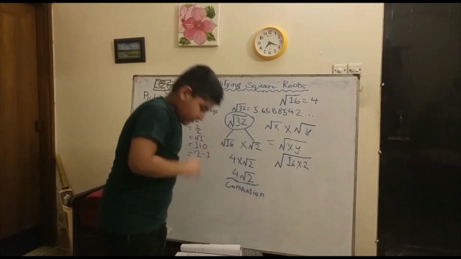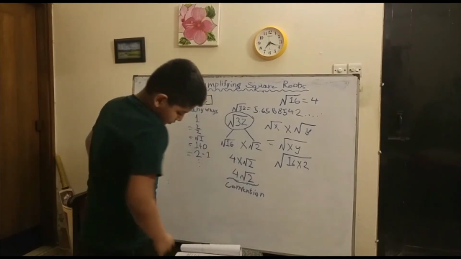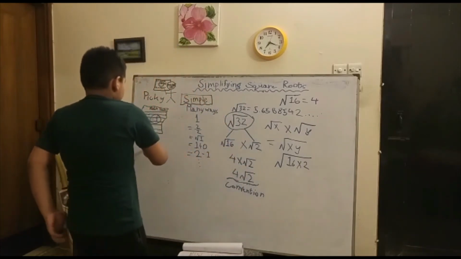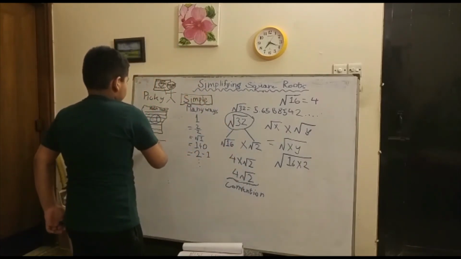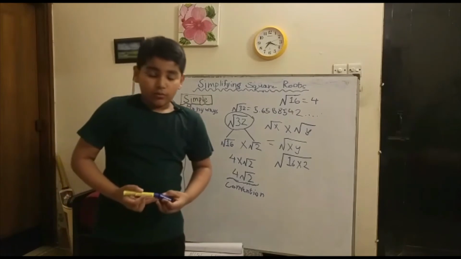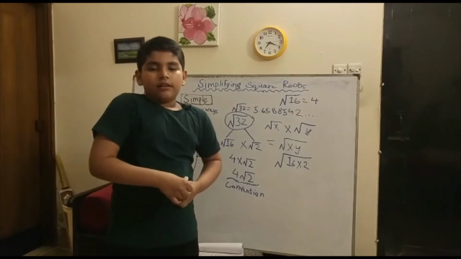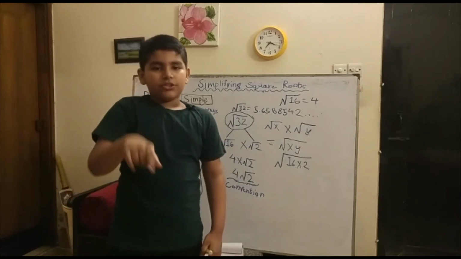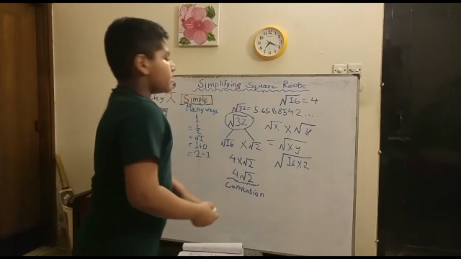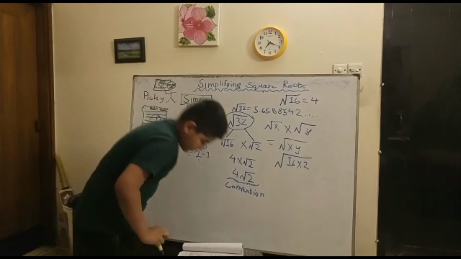So let's see some other stuff that we can do. The square root of 180. Now we're not sure if it's a perfect square or not, but we definitely don't want to find it out, because looking at your multiplication table you would be exhausted doing all this. So we can use the simpler version still.